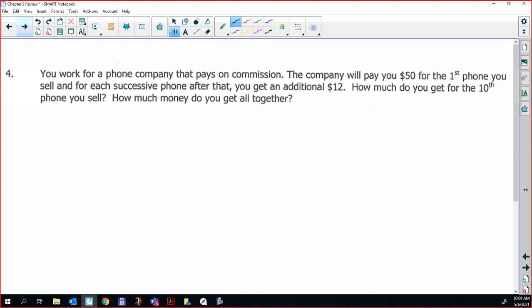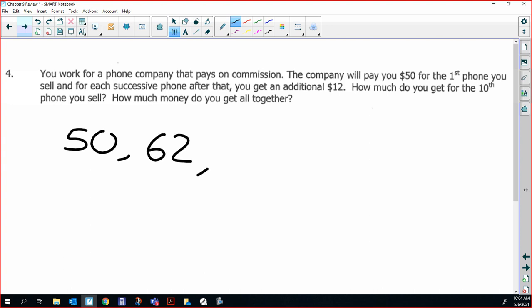So the first time you make a sale, you sell a phone, you get 50. Your second, you're going to make an additional $12. So not just $12, but you get the 50 and the 12, so 62.